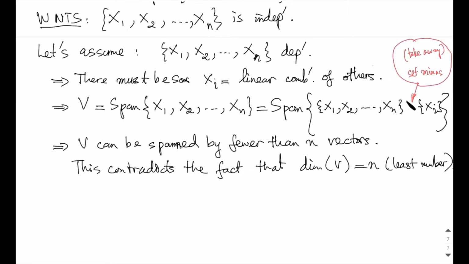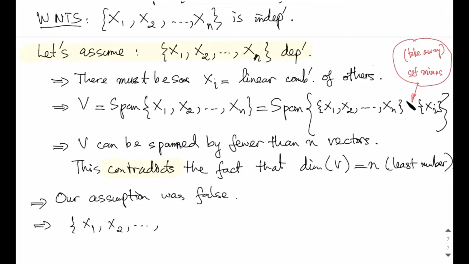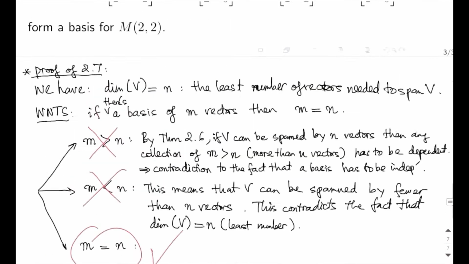So if you assume something and you run into a contradiction, this implies that our assumption was false, then the opposite has to be true. But the opposite of dependent means independence. So x1, x2, ..., xn is independent. And we are done. So that finishes the proof of part A.